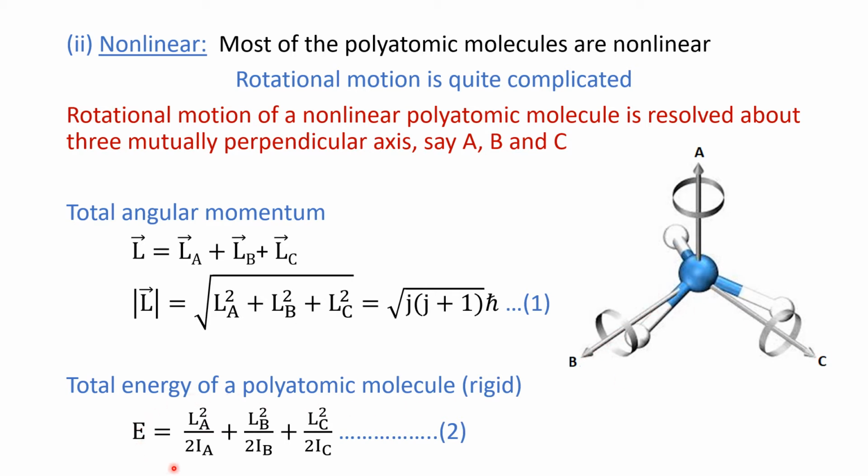So the energy is distributed among these axes. This is the energy contribution from the motion about the A axis, this is the contribution of energy of the motion about the B axis, and this is for the C axis.